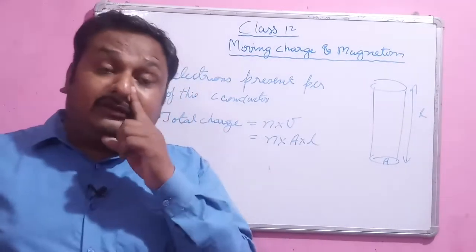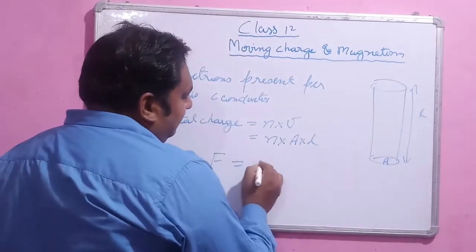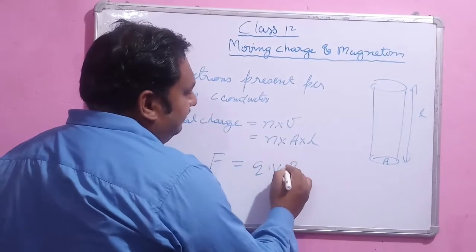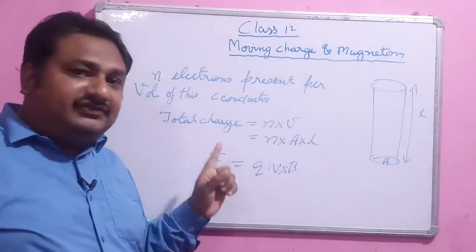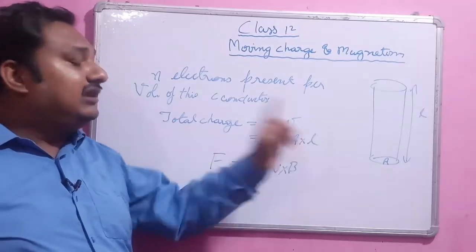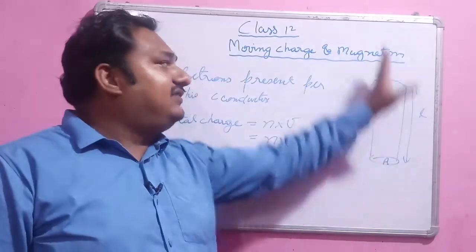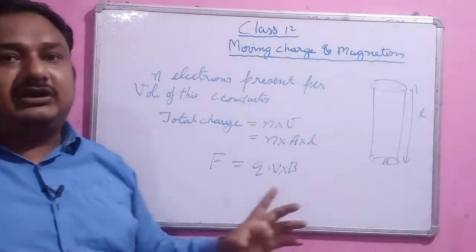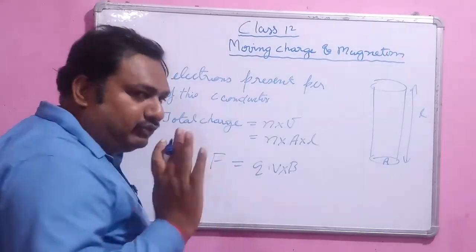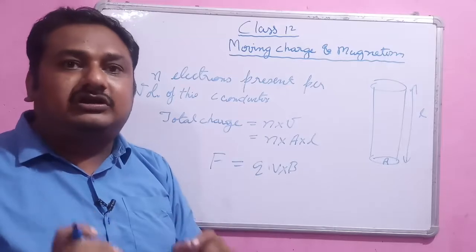Now we have to calculate the magnetic force. The magnetic force is simply given by q v cross B. Here q is the charge and the total charge is nAL times the charge. Suppose a steady current I is flowing in the conductor.